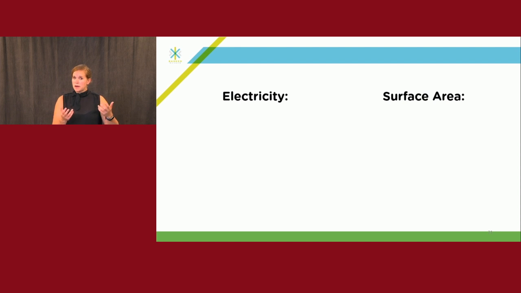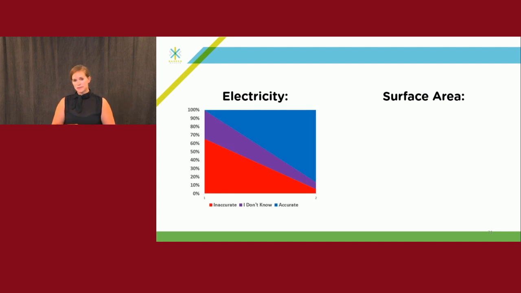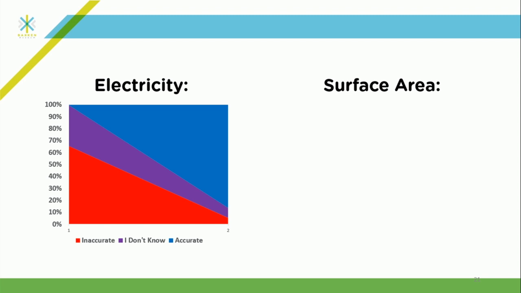The electricity experiment, the one that you saw earlier, had much more dramatic results. So in this case, I compared not just the accurate and the inaccurate, but the folks who also responded, I don't know, at the beginning. In my pre-assessments, I believe one student in the entire group that I saw, of about 250, was able to get the correct answer before the experiment.